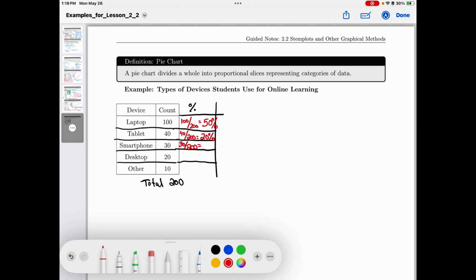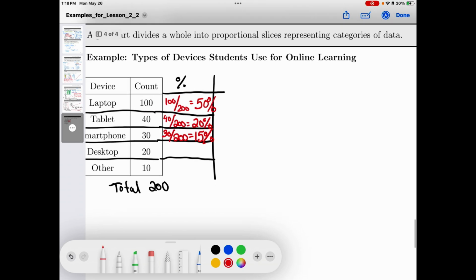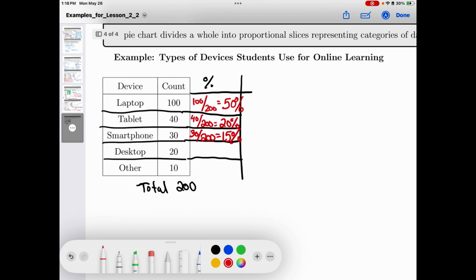For the smartphones, I'm going to take 30 out of 200. That's going to give me 15%. Then for desktop computers, that's 20 out of 200, which is 10%.